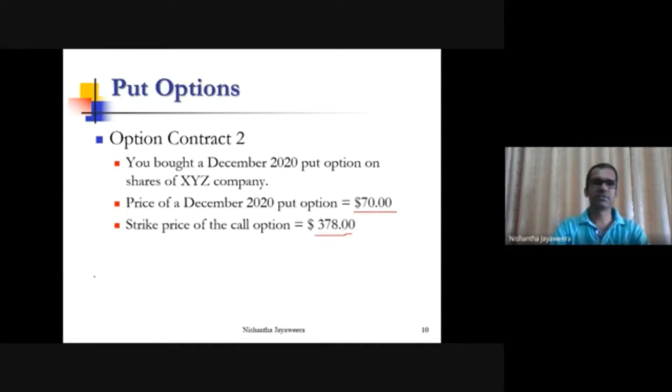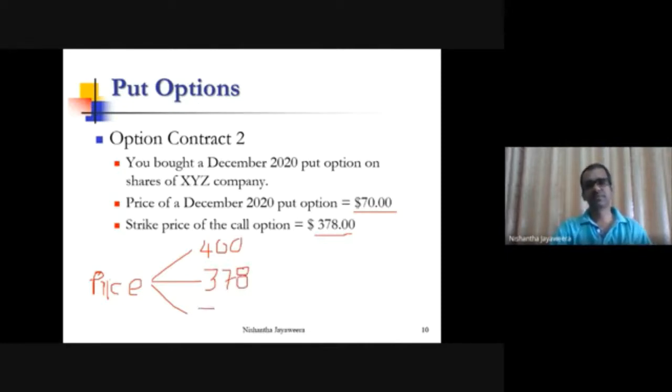So assume again the price of the underlying asset is $400, $378 or $350.